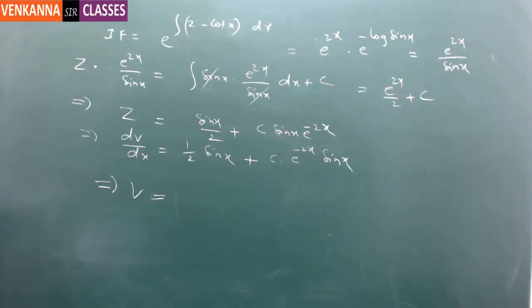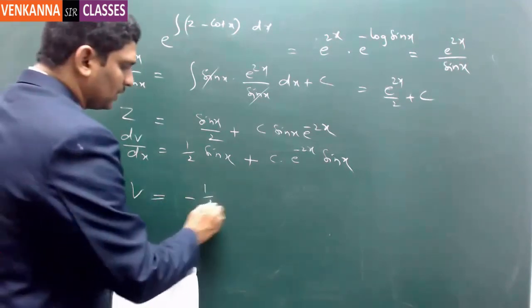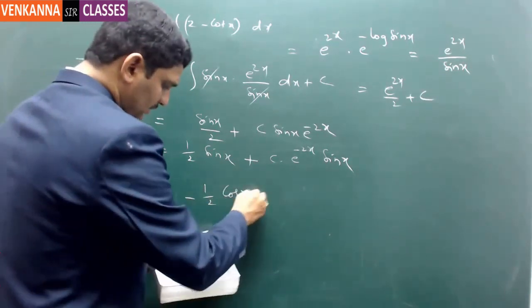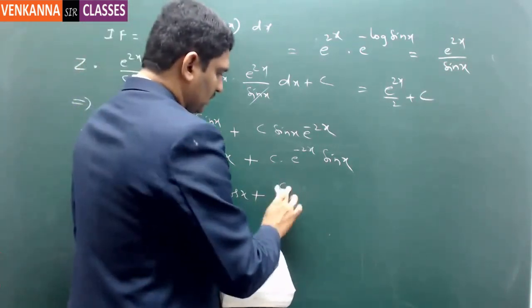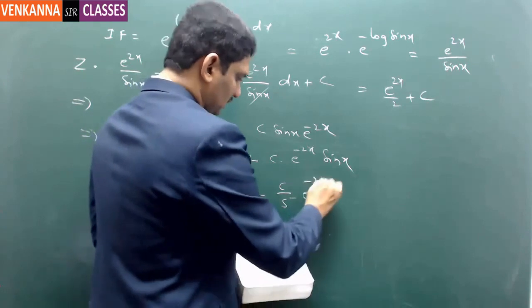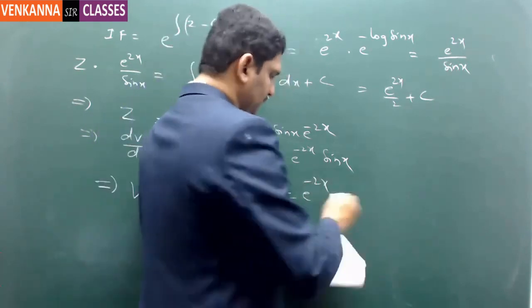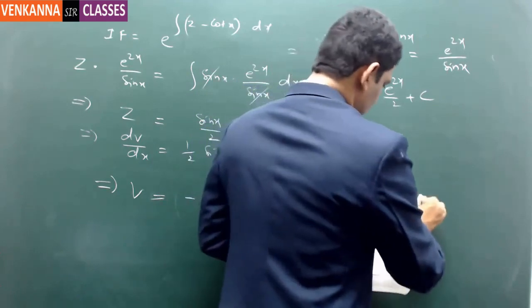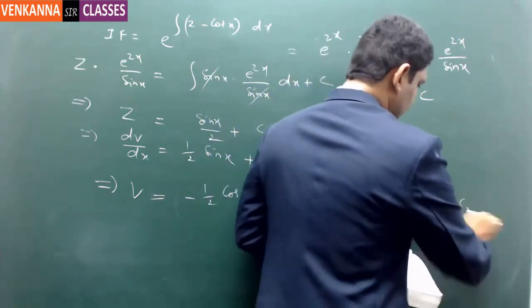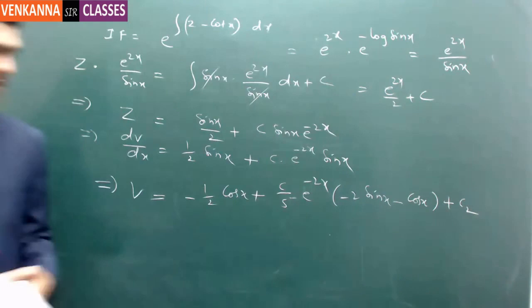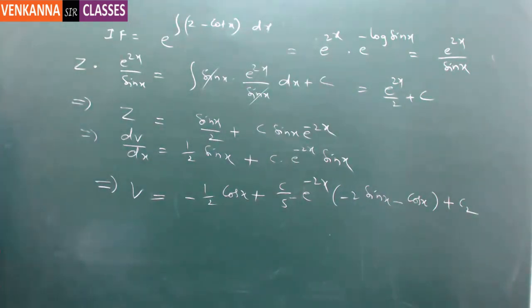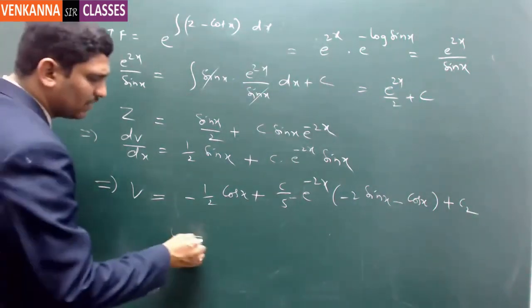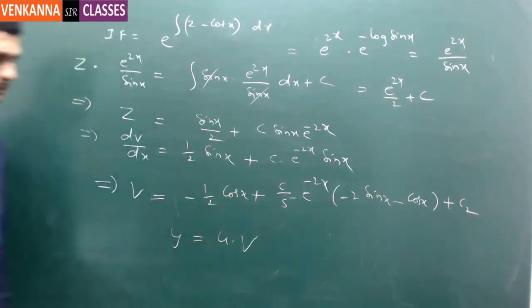It will be minus 1 by 2 cos x plus c by 5 e power minus 2x into minus 2 sin x minus cos x plus c2. Please check with that. And the general solution is given by y is equal to uv.